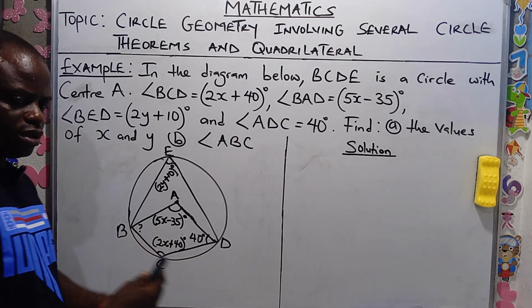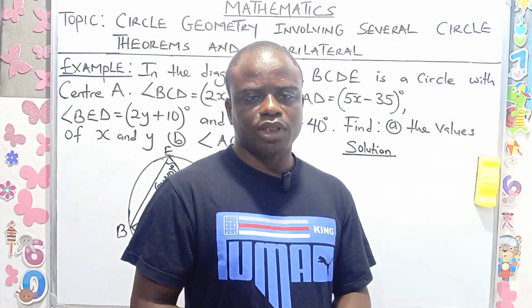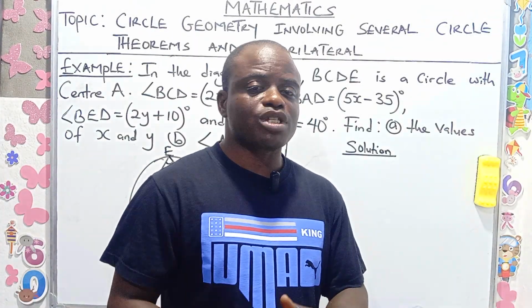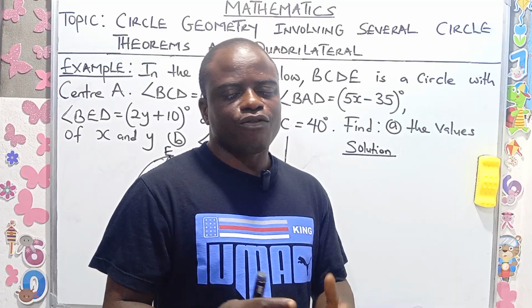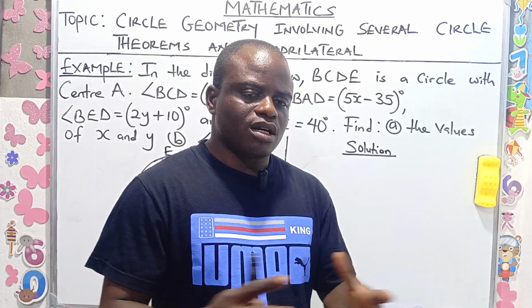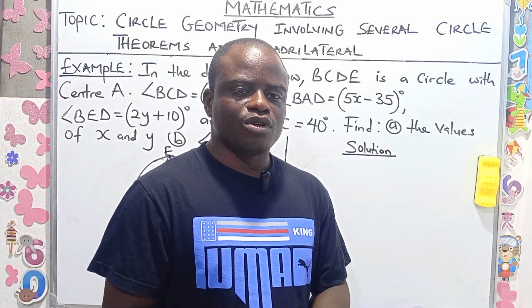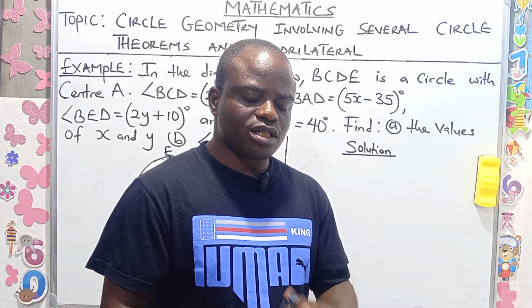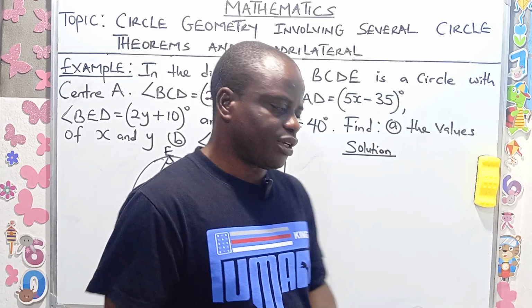One of the circle theorems says the sum of the opposite angles of a cyclic quadrilateral are supplementary. Supplementary means that it equals 180 degrees.